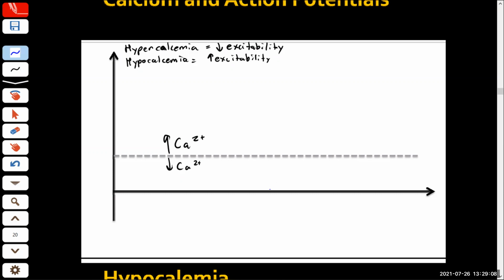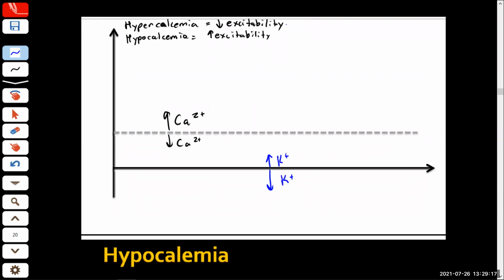So just putting it all in one slide here. Potassium changes your resting. Hyperkalemia versus hypokalemia. Hyperkalemia would do what to excitability?